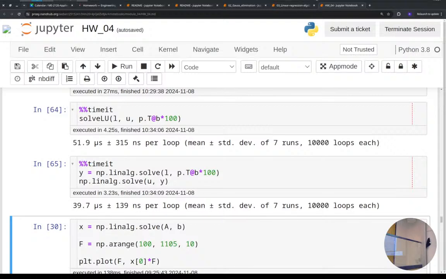Yeah, that's good. That's actually what it should be. The problem is that two solve.